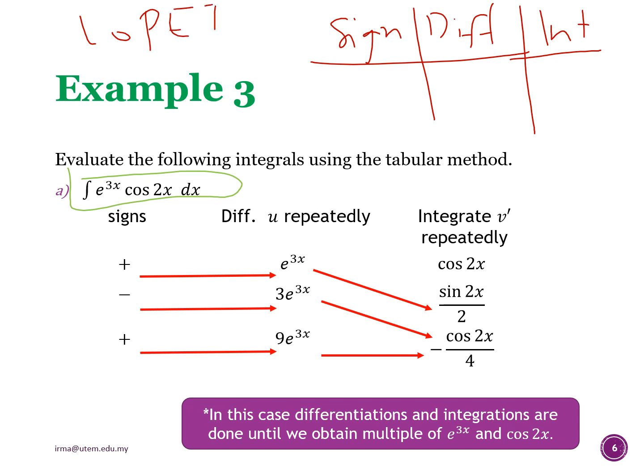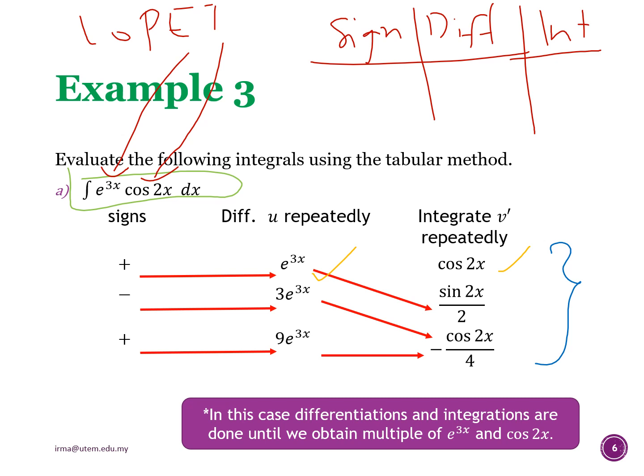So we have exponential and trigonometric here. Exponential comes first, so that's why you choose exponential as the function to differentiate, and cos 2x will be the function to integrate. So what you need to do is perform only 3 iterations, 3 rows only.